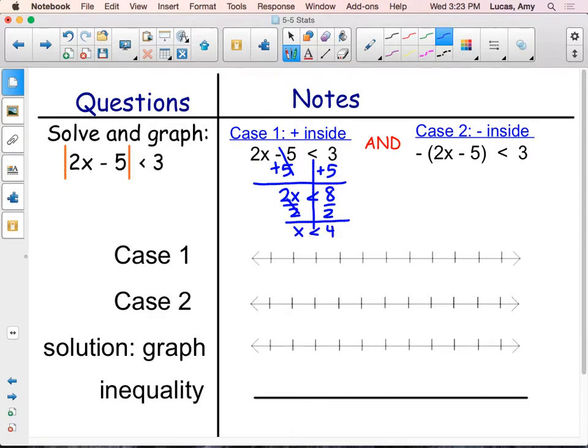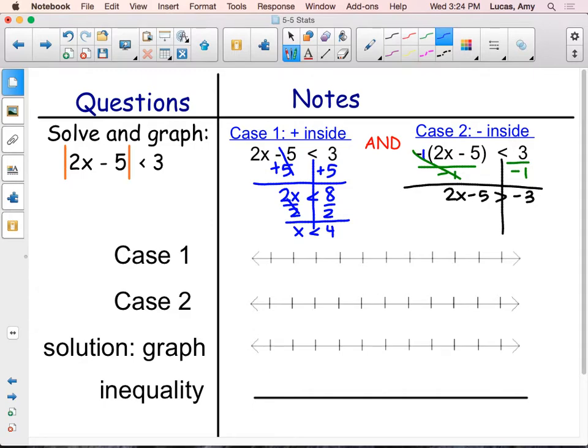I'm going to show you how to solve this second inequality by dividing to get rid of that -1, dividing to get rid of the -1 right away. So then what happens is I will have 2x minus 5, but I have to remember to flip my symbol, and then 3 divided by -1 is -3. So two things happened.